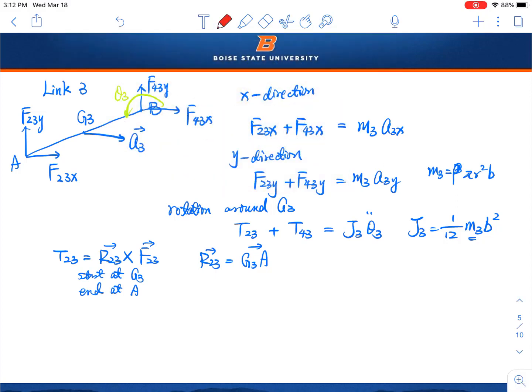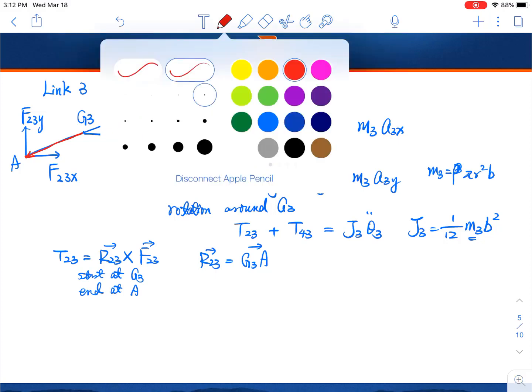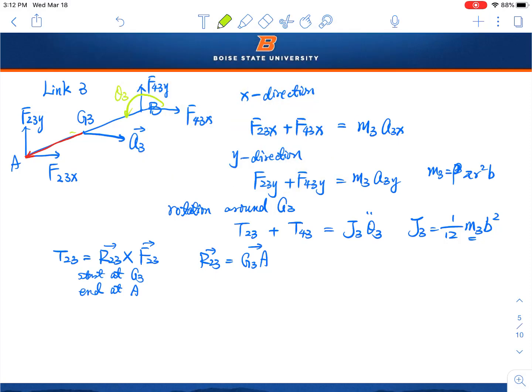Okay, let's use the red color. And then we already know that theta 3 is here. So by definition, your G3A equals half of the length times e^(j theta 3) orientation, right?